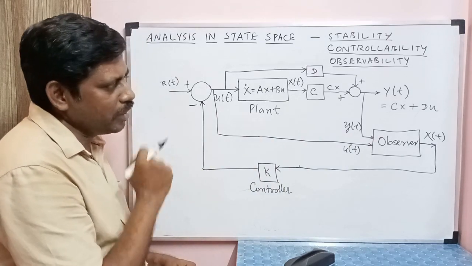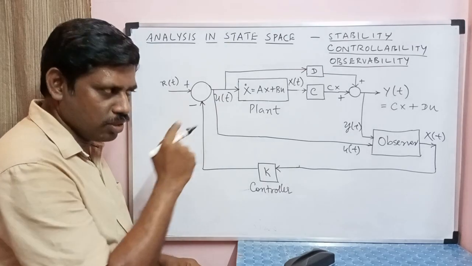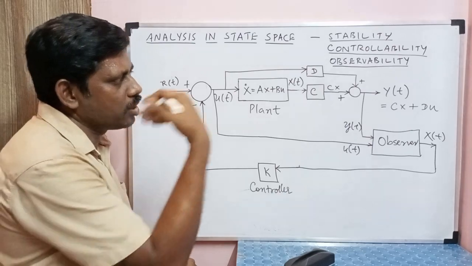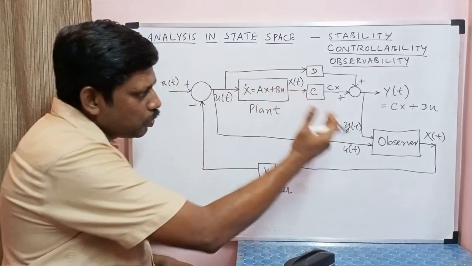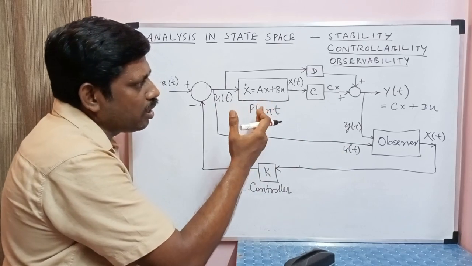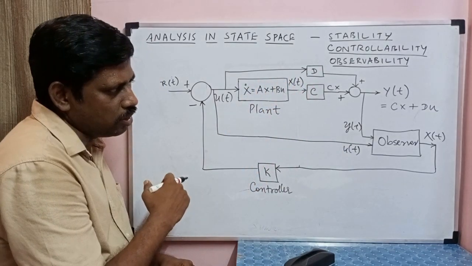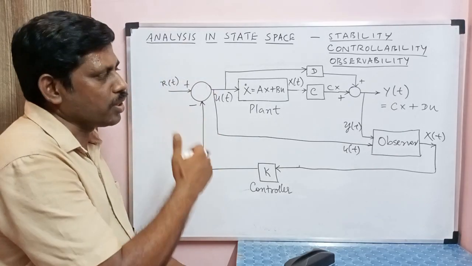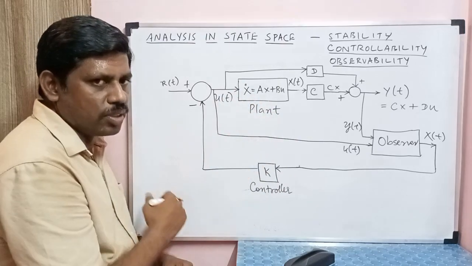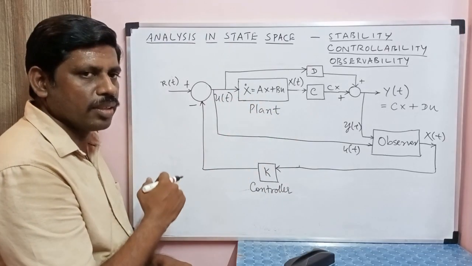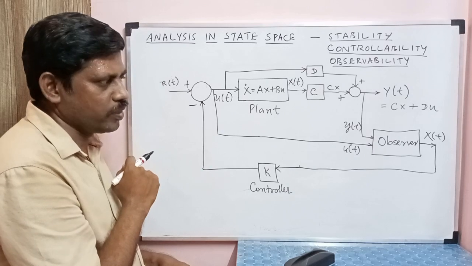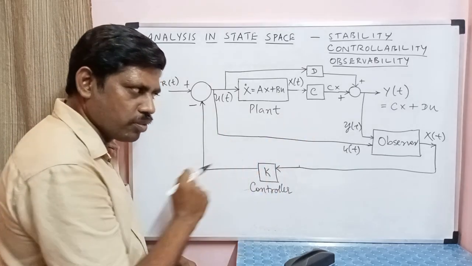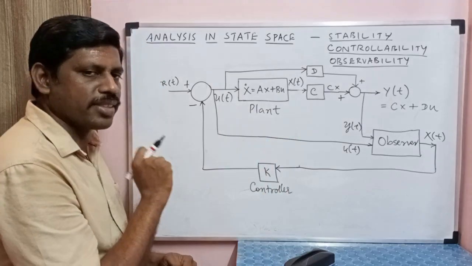Now again the question is whether I can design this observer, whether I can reconstruct the state variables with the help of y of t, u of t, and of course the A, B, C, D matrices. Whether I will be able to reconstruct all the state variables from the knowledge of these quantities, again the answer is no. Therefore, there are a few systems for which I can design an observer, and a few systems for which I cannot.